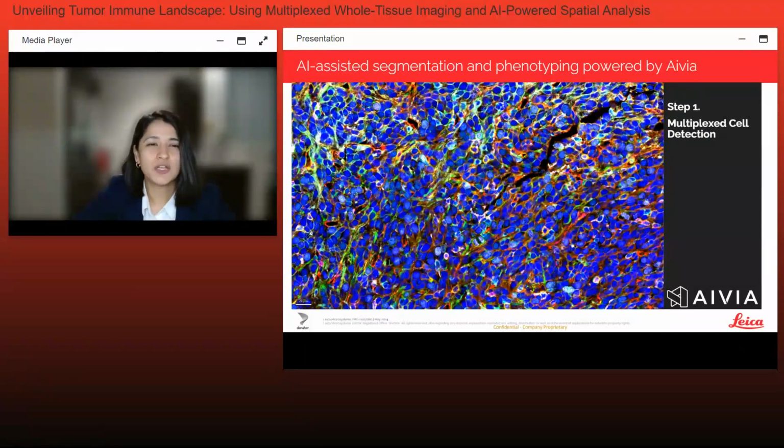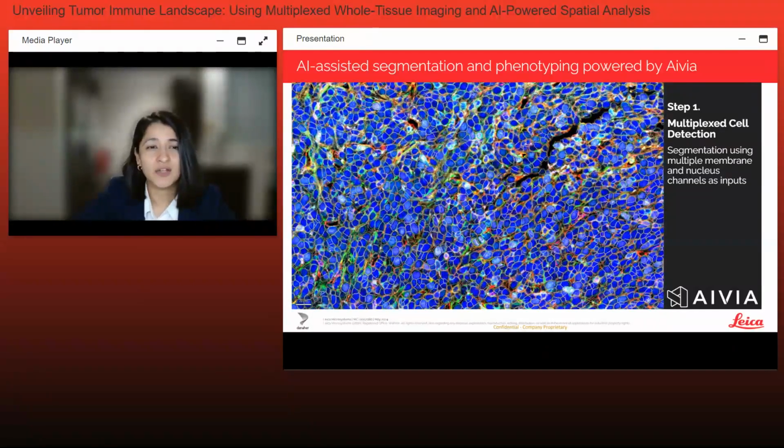AVIA allows segmentation using the multiplex cell detection recipe, which uses all the specified channels that localize to the cell and the nuclear membrane to give individual cells and their nucleus as separate objects that can further be analyzed, as shown here using the outline cells and the nuclei here, as you can see.